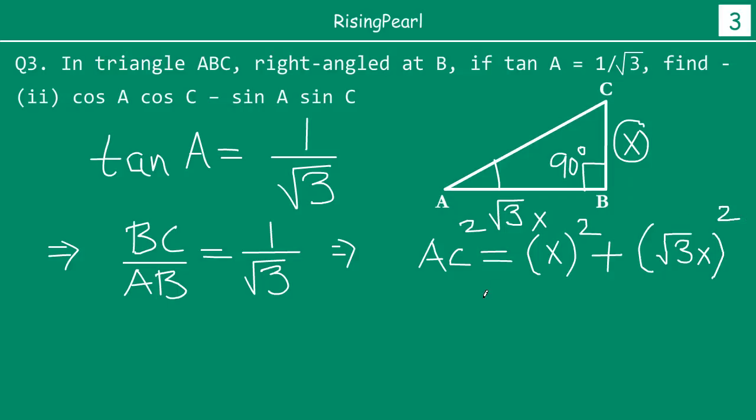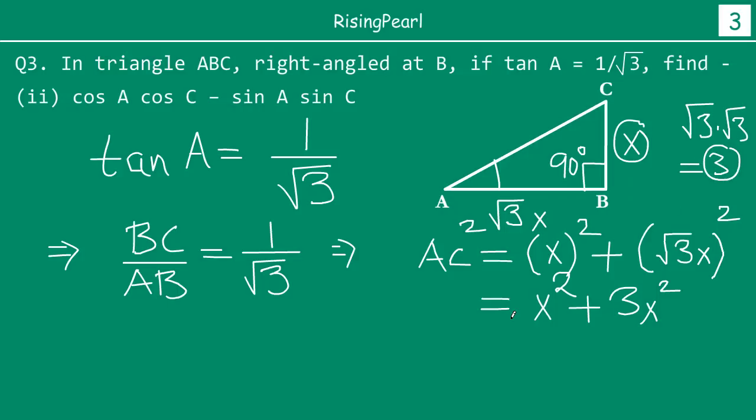So this is x square plus, square root 3 times square root 3 is 3, so 3x square. Why? Because square root 3 times square root 3 is equal to 3, right? So this will be actually 4x square. Let's just say 4x square.